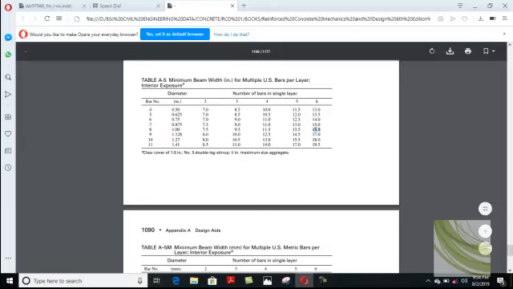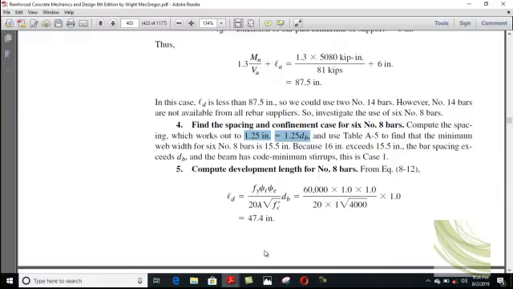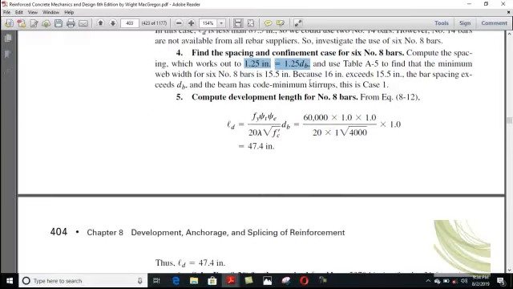Clear? Then your clear spacing will be more than the diameter of the bar. As we are providing 16 inches here, our width is okay, because 16 inches exceeds this, the bar spacing is exceeded, and the beam has a code minimum shear in this case.